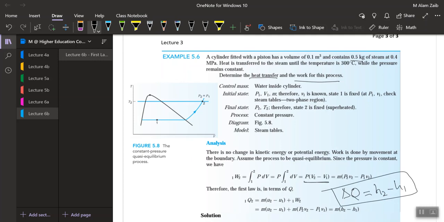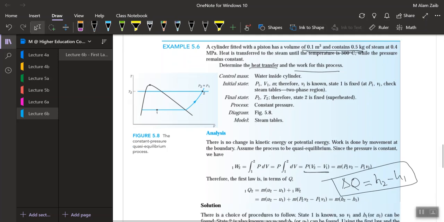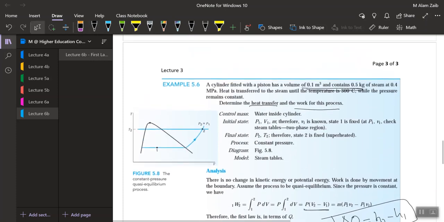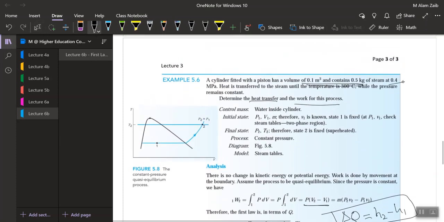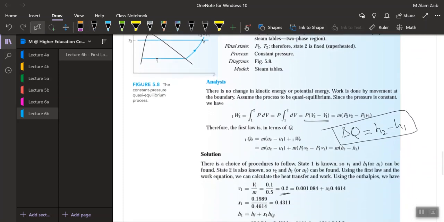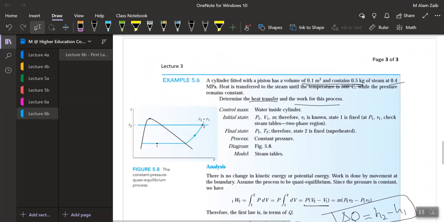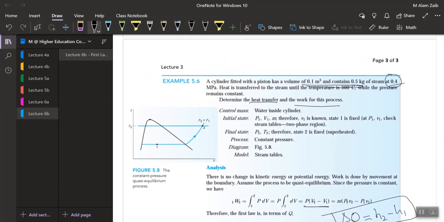Now, from this we can get the specific volume V1. So V1 is equal to 0.1 divided by 0.5, that is equal to 0.2, and the steam is at a pressure of 0.4. First thing, what you have to do is go to the steam table at 0.4 and check the volume at saturated steam table at 0.4.